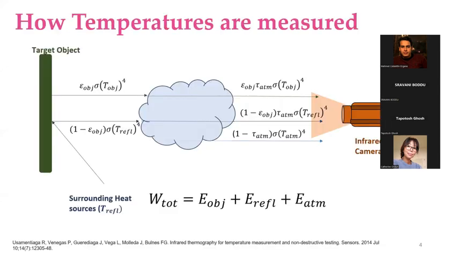So let's say you want to get the temperature distribution of a target object. What the infrared thermal camera receives is three different emissions. One, directly from the target object. Other, the emission that is generated by surrounding heat sources, but is reflected by the target object. And third one is the atmospheric emission itself.